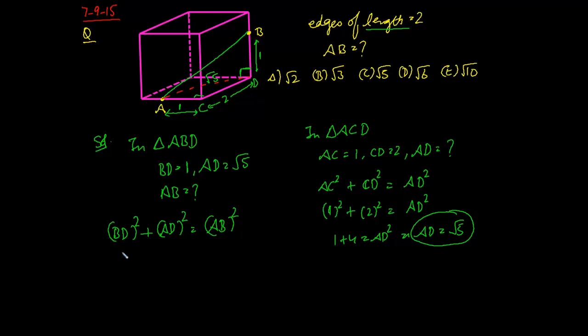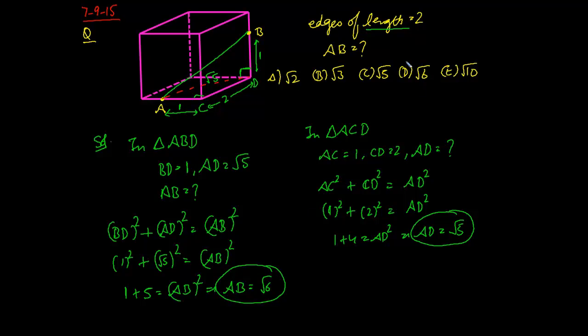BD we already know is 1, so this is 1 squared plus AD is root 5 whole squared, which is equal to AB squared, which becomes 1 plus root 5 squared is 5, equal to AB squared, or we get AB equals root 6, which matches with answer choice D, so that is the correct answer.